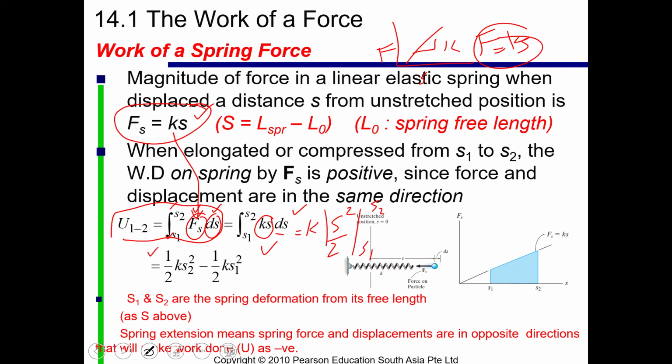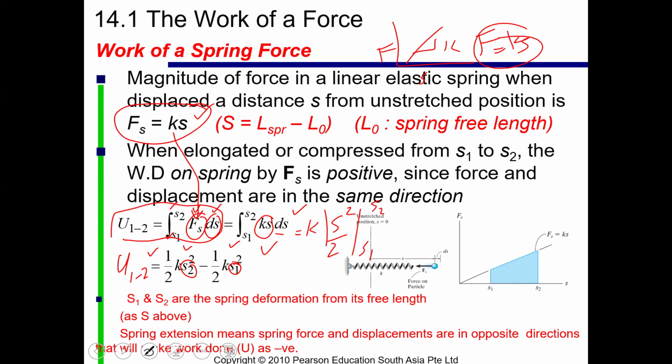So when you go ahead with the calculation of work done in the spring, the equation is like this: U from 1 to 2 is equal to half Ks2 square, where S2 is the final position, minus half Ks1 square, the initial position. So remember this is how you can calculate the work done in the spring.